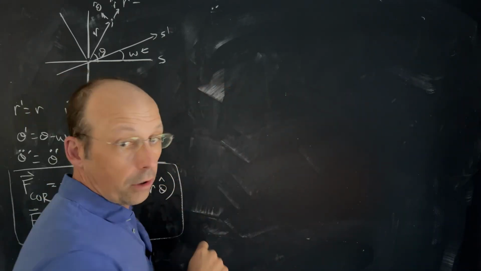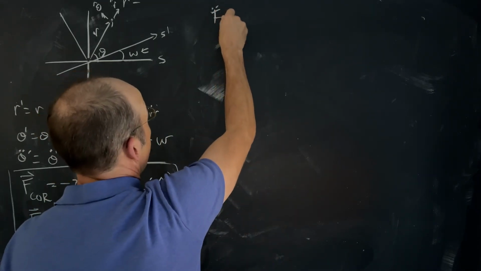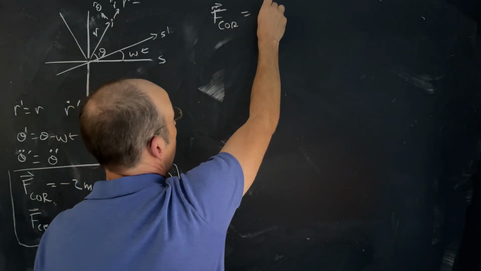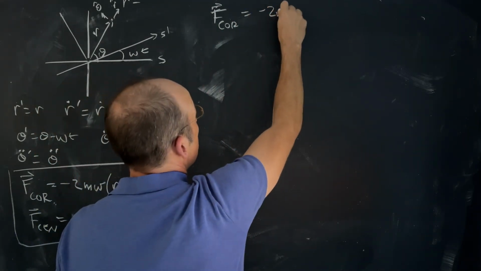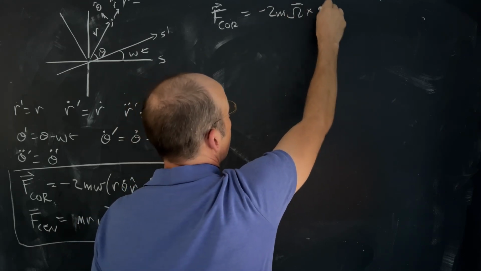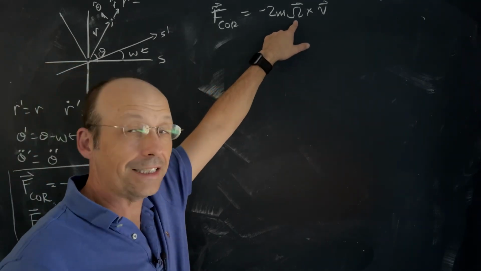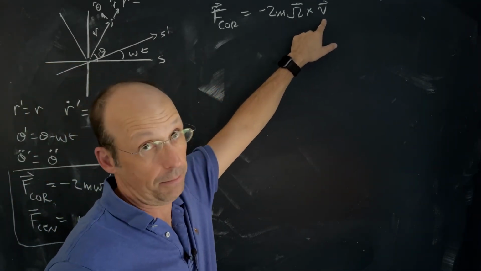So the Coriolis force, and I wrote it down because I forget this, is often written negative 2m omega cross v. So this is the angular velocity vector of the frame, and that's the velocity in the frame.